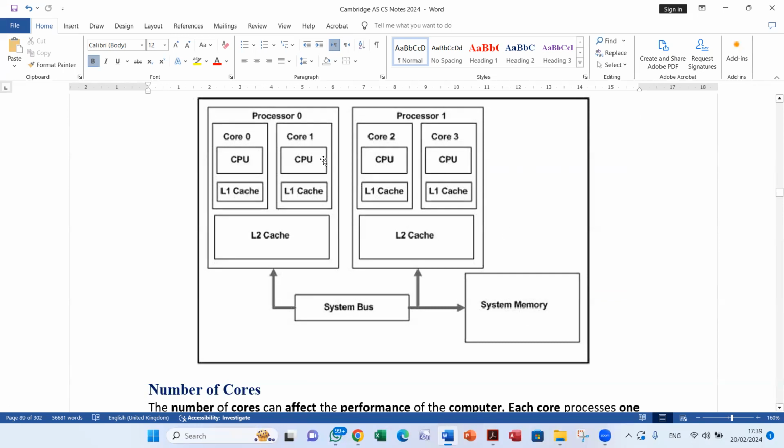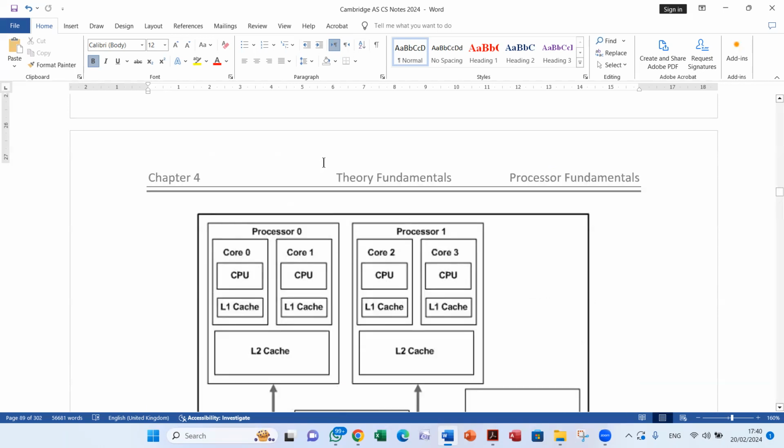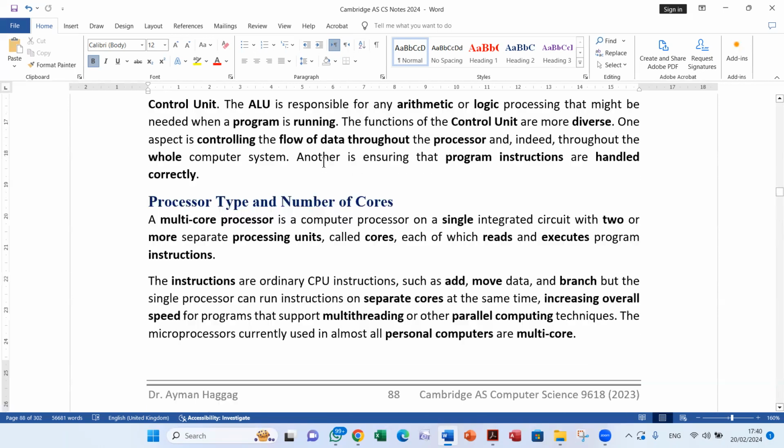Each one has its own CPU, its own registers, and works in parallel with the others. So if you have a quad core processor, it means you have 4 CPUs running in parallel. You may have something like 4 times faster speed. Okay, so the speed is increased 4 times.